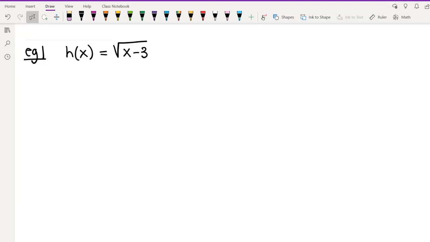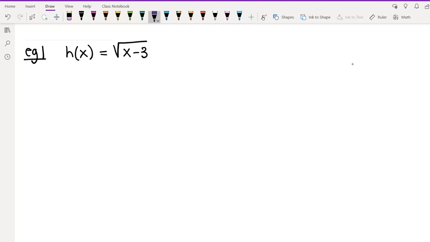And so I think the best way to approach this is to start by just testing out some numbers and figuring out a pattern of what types of numbers do make this defined, and which types of numbers don't make it defined. And so what are we going to be on the lookout for? What will make this undefined in general is if the stuff under the square root is negative.